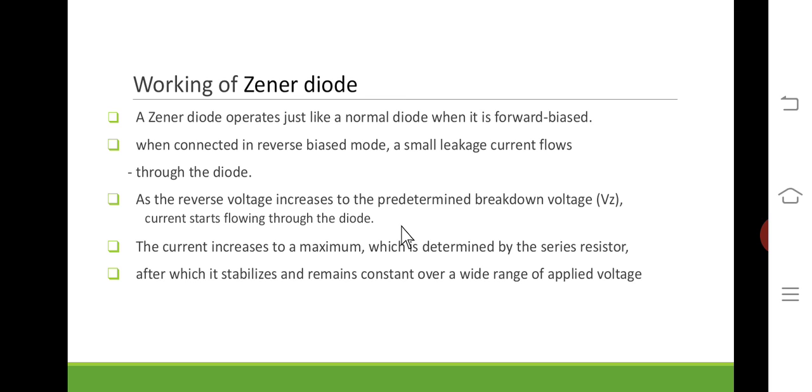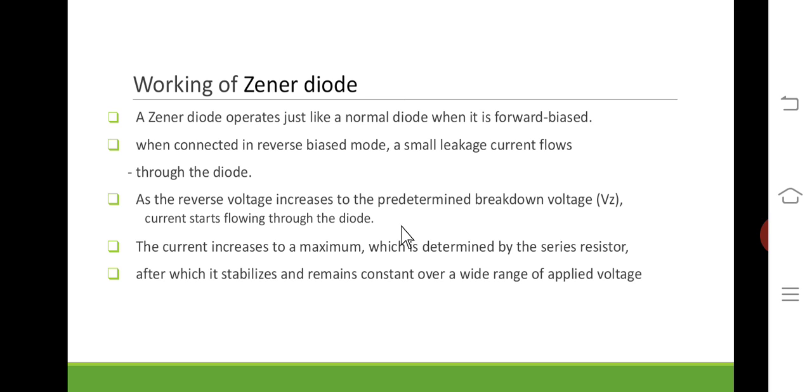In the same way, when the Zener diode operates in forward bias, it just acts as a normal diode, and we get the same graph as the normal diode.